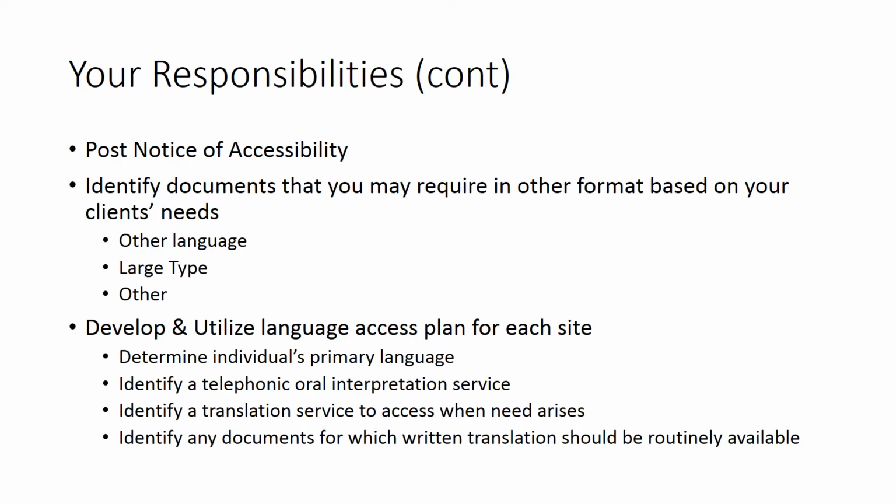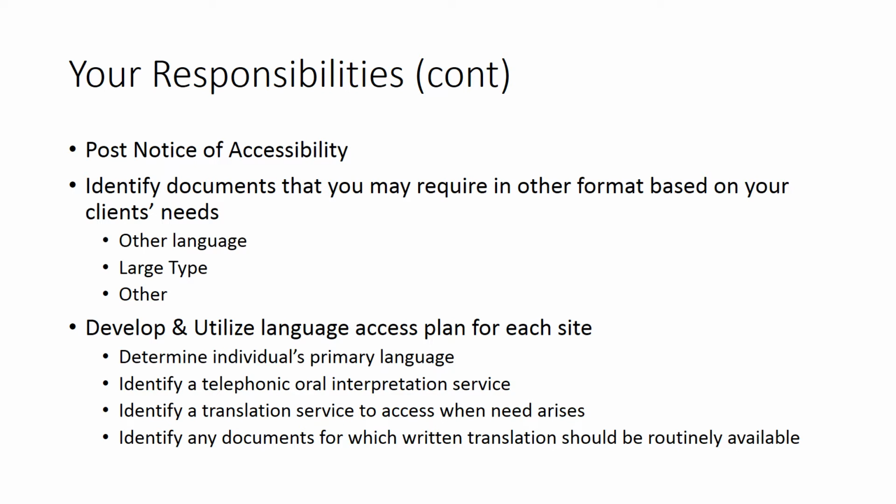You have to post our notice of accessibility as well. Make sure that when you have a client who comes in who needs something, you have a way to access what they need. So really work within your team to develop and utilize a language access plan, which initially involves determining their primary language. Make sure that you have some options up front, such as telephonic oral interpretation.